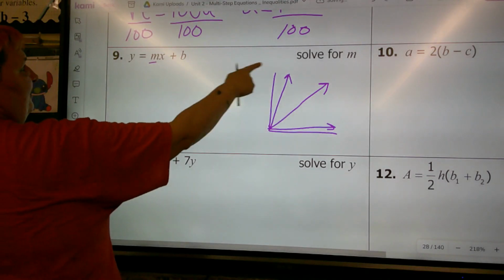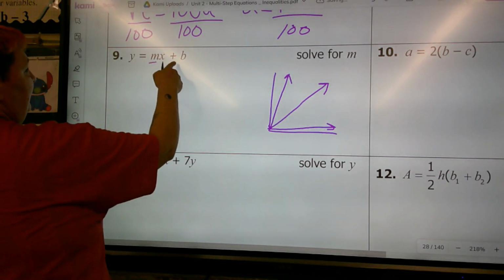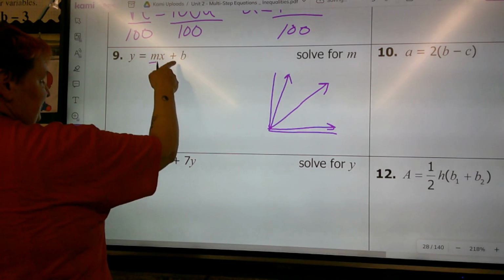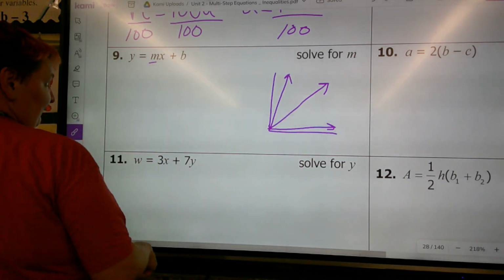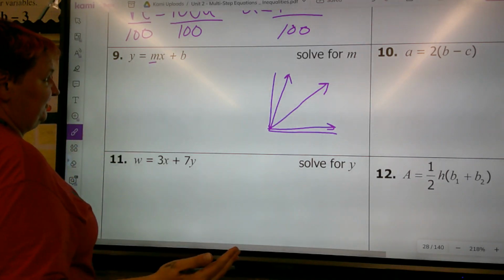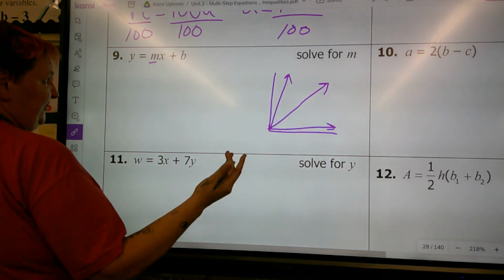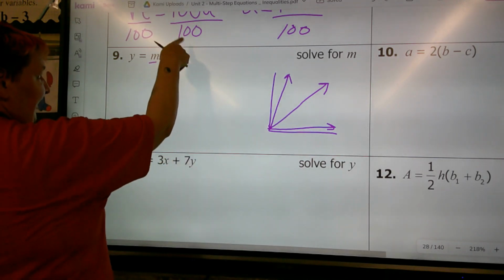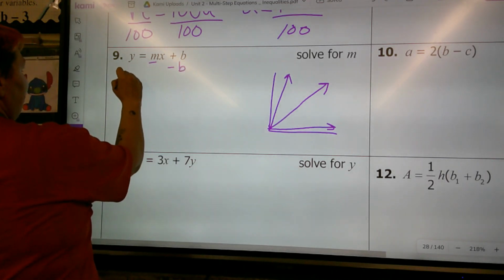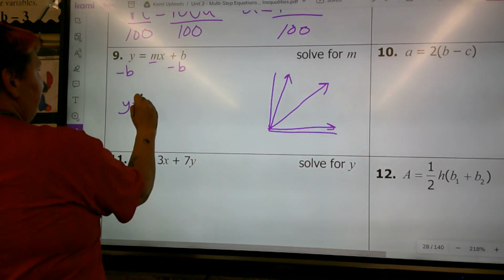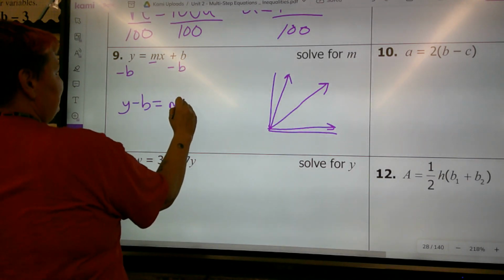Alright, so we're solving for m. Get rid of the constant first. That's the b here, right? Right now it's a constant because there's no multiplication or division implied anywhere around here. Right now it's plus b, so we're going to subtract b from both sides. Y minus b equals m times x.